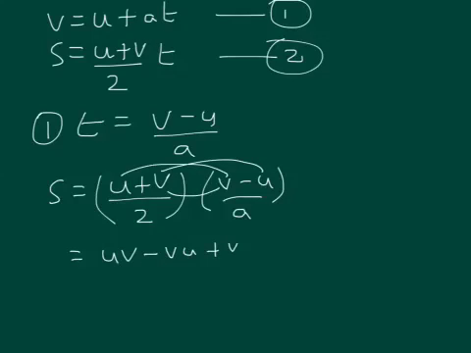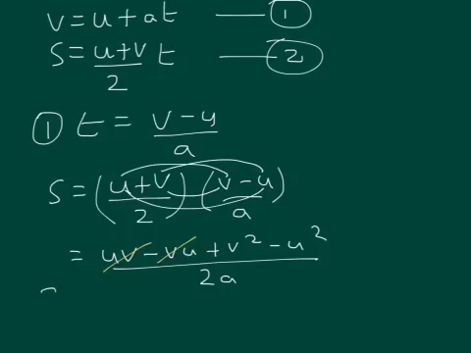That's V squared, that's minus U squared, and we've got 2A. So these terms are equal. So we multiply both sides by 2A, so we get 2AS equals V squared minus U squared, and that's normally written V squared equals U squared plus 2AS.